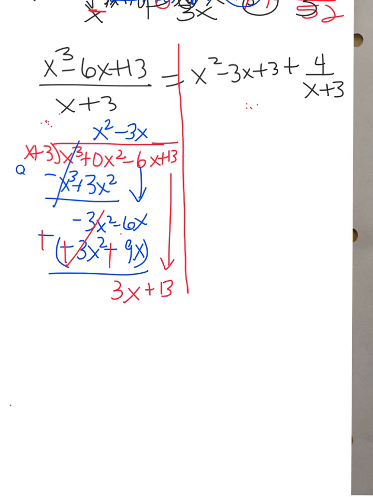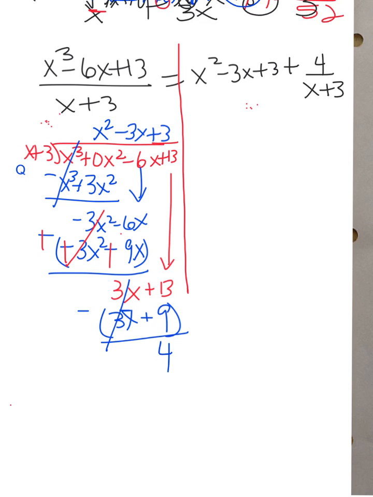And I need a positive 3 up here to get a 3x like I have here. So 3 times 3 is 9, positive 9. 3 times x is 3x. Okay, subtract them. The 3x's cancel out. 13, make sure you subtract, 13 minus 9 is 4.